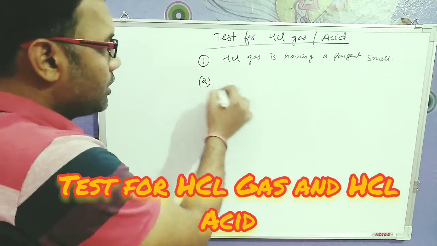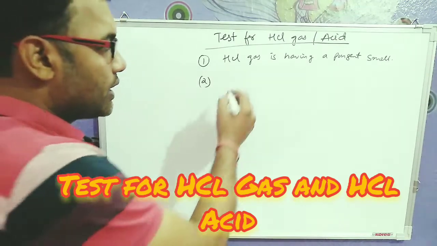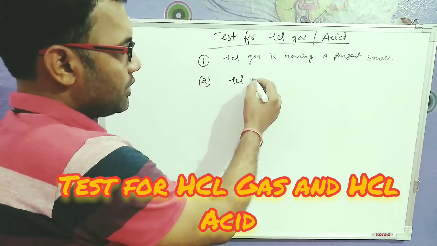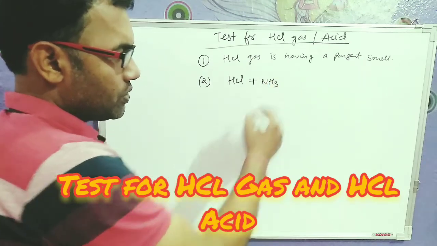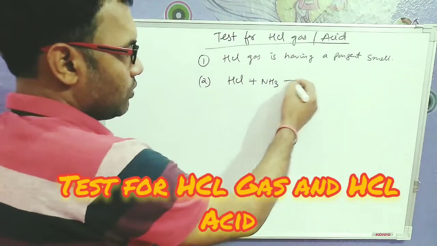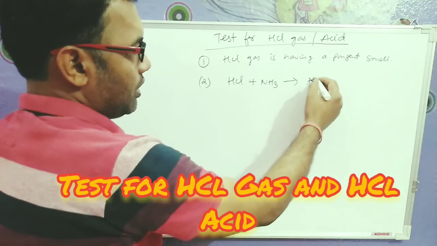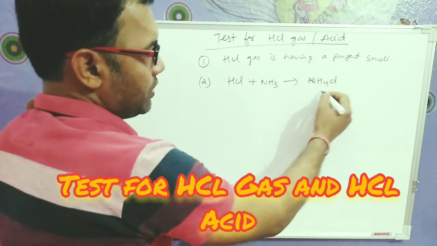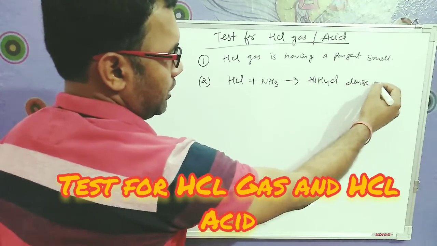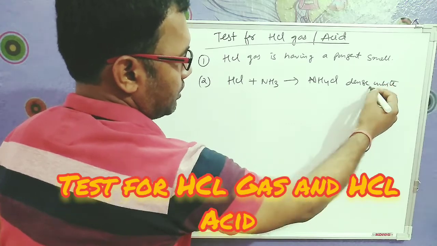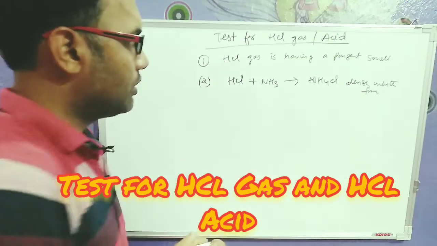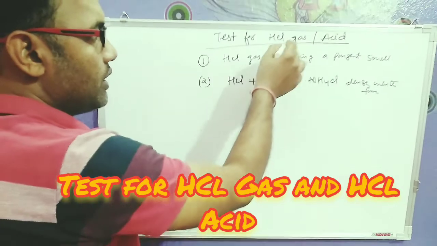The second one: if we consider HCl gas and it is made to react with ammonia solution, what does it form? It forms ammonium chloride, which gives dense white fumes. These two reactions are regarding HCl gas.